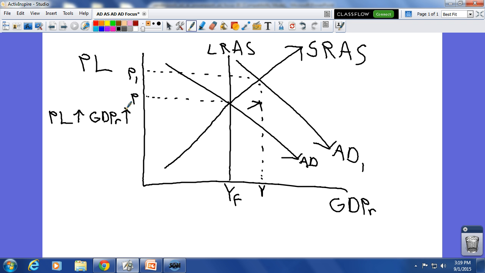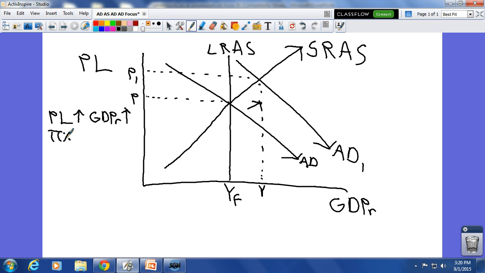Now, after we've done that, we need to figure out what happens to unemployment and what happens to inflation. Oftentimes, what I'll see students do is this, and I think this is a good idea. Right below price level, we're going to go ahead and write out our inflation rate here.